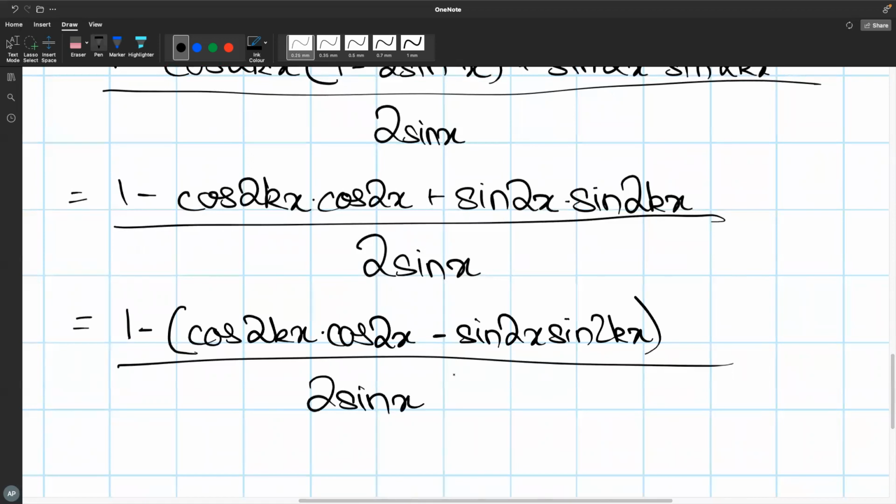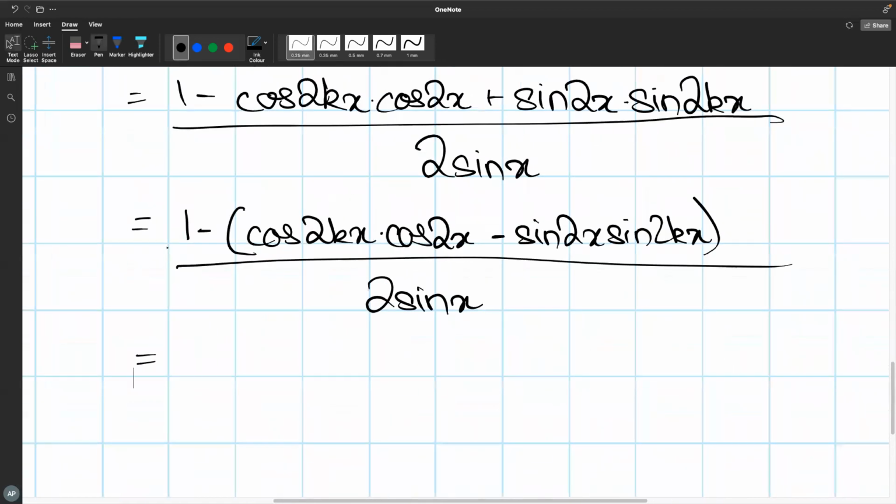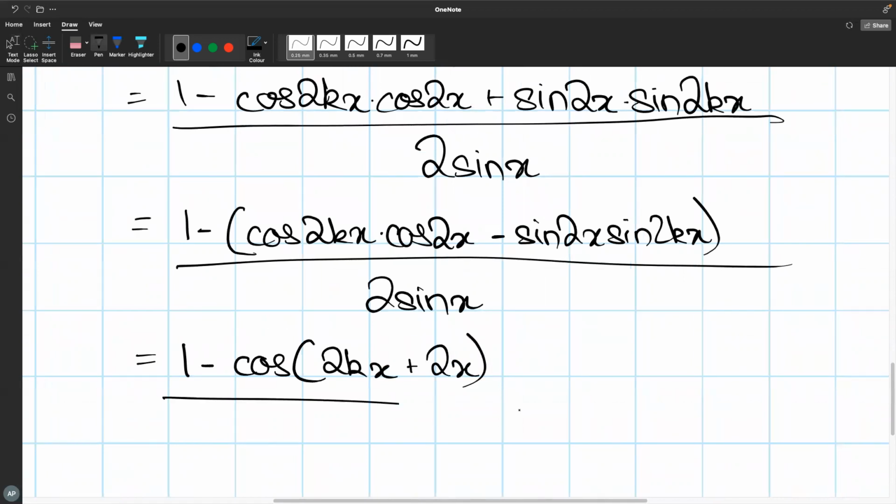And using the compound angle identities we already know, this can be written as 1 minus cosine (2kx plus 2x) over 2 sine x.